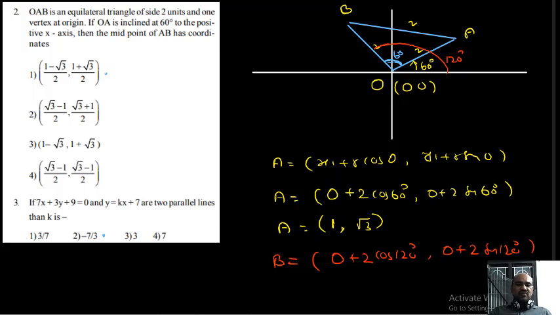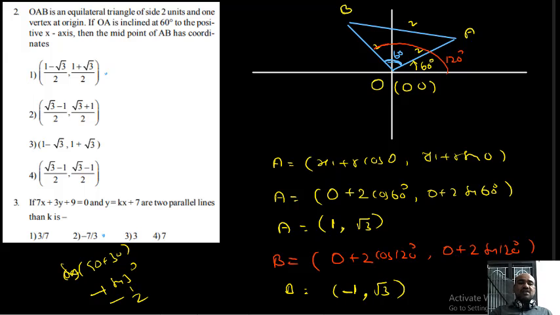Cos 120 is cos of 90 plus 30, which is minus sin 30, minus half, so minus 1. B equals minus 1 comma, and sin 120 gives cos 30, root 3 by 2, so 2 times root 3 by 2 is root 3.